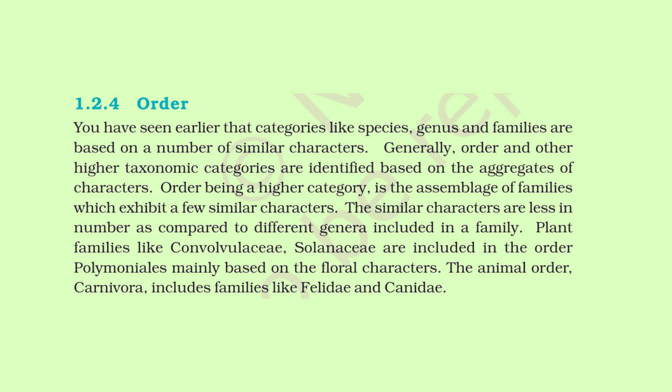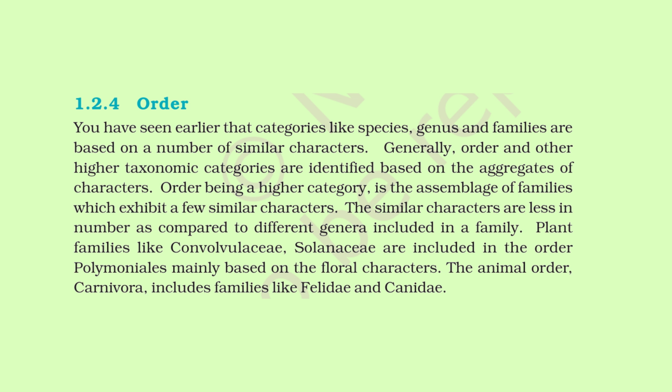1.2.4 Order. You have seen earlier that categories like species, genus, and families are based on a number of similar characters. Generally, order and other higher taxonomic categories are identified based on the aggregates of characters. Order, being a higher category, is the assemblage of families which exhibit a few similar characters.